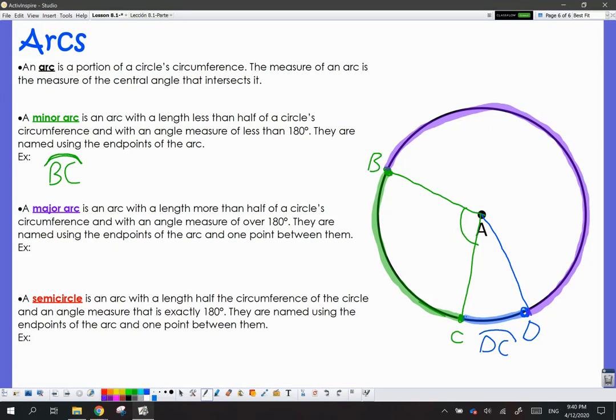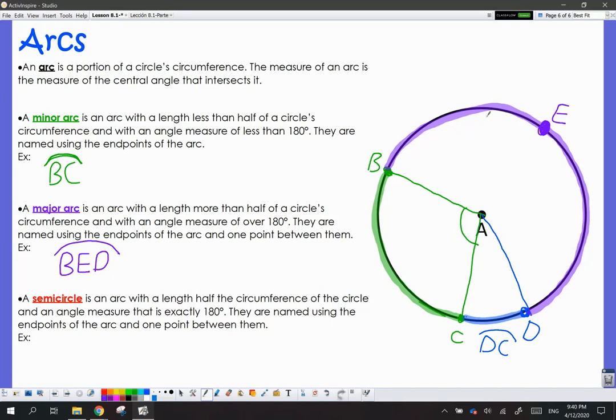Now, the difference between a major and a minor arc is that I'm still using the two endpoints to name these, but I also need to use a point in between those two. So if here my endpoints are B and D, I have point E somewhere in between them. So if I start from B and I follow this arc, I go from B to E to D. So I can name this arc BED.